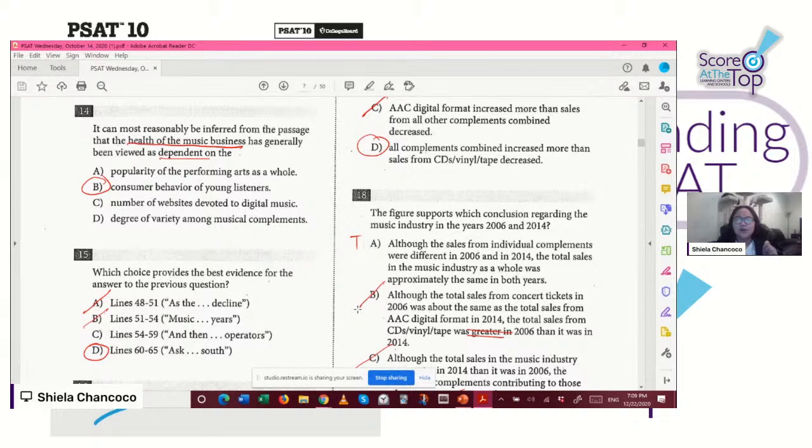Remember, when it's a whole elaborate statement and you're like, what the heck are they asking? Change it to a question. What is the music business health dependent on? The music business depends on what, right? That's basically what they're asking.